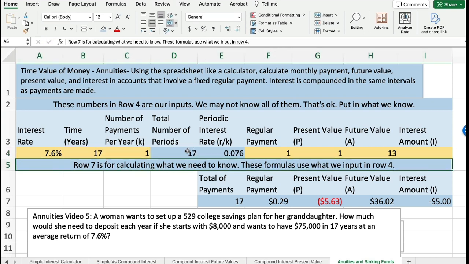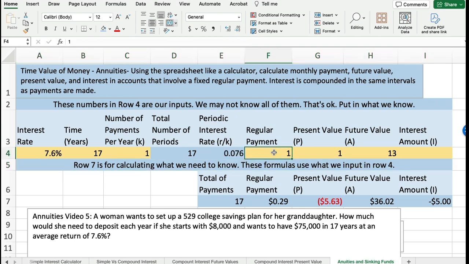So the total number of payment periods is 17 and the periodic interest rate is 0.076. And that's because the periodic interest rate is the same as the interest rate since it's annual. We don't know what the regular payment is going to be, so I'm going to just delete that here and leave it blank.